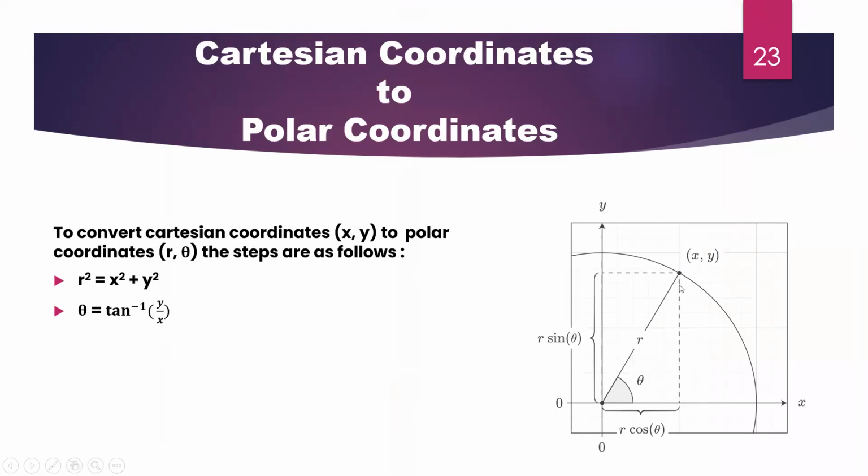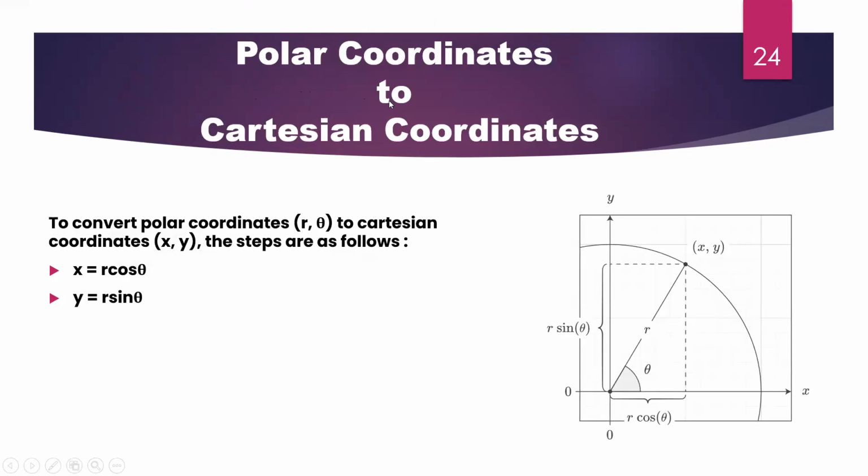If we draw a perpendicular line to the x-axis and connect it with the point, then we can see there is an angle theta, and r is the distance between the point and the origin. So here you can say r square is equal to x square plus y square, and theta is equal to tan inverse y by x.